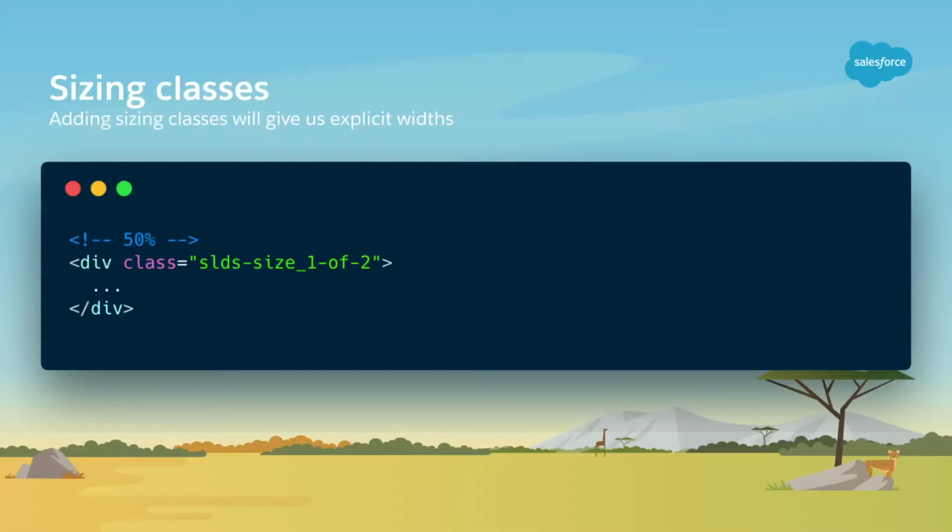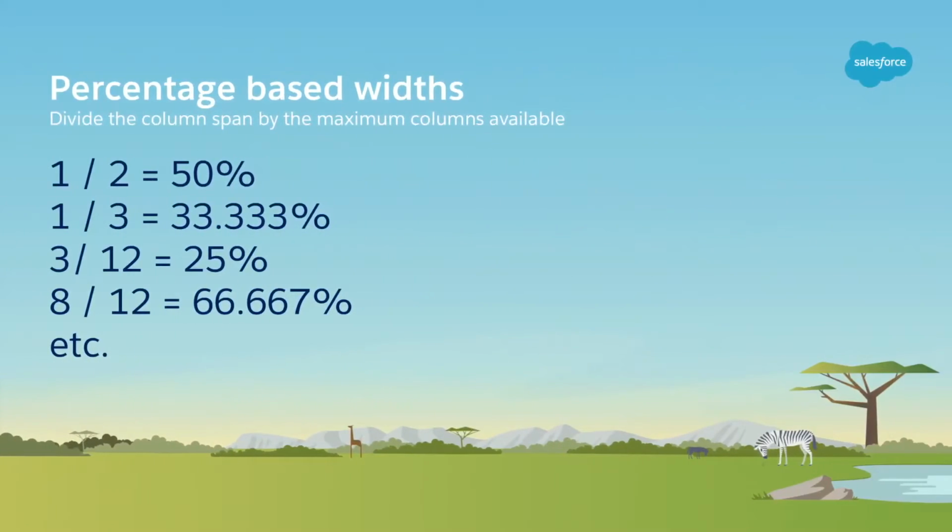So let's take a little deeper look into what I mean by that. From the previous example, we saw 1 of 2, right? So this really boils down to just some basic math. You're going to divide the total amount of column spans that you want out of your total amount of columns available.